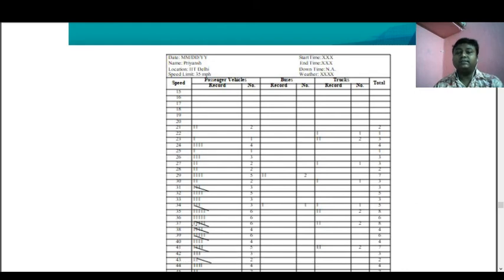One thing to keep in mind: when we do the manual survey, we count one vehicle, two vehicle, three vehicle, four vehicle, five vehicle. No, we don't continue like that. We count one vehicle, two vehicle, three vehicle, four vehicle, and cross it, which means it is a set of five vehicles. Again we start one vehicle, two vehicle, three vehicle, four vehicle, and again cross it. So this is another segment.